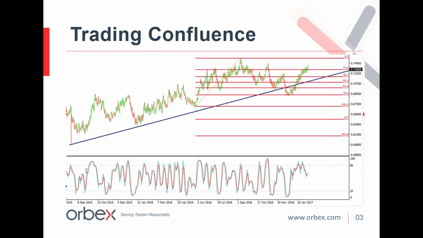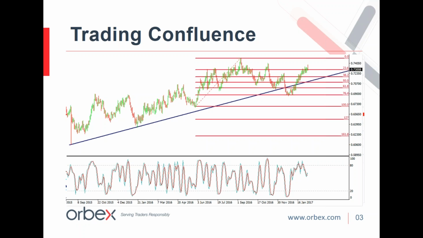So hopefully by now you're starting to get the idea about how we can tie different technical elements together to establish confluence to help us identify potential trade locations. Now, the process for identifying confluence is simple, and you need to only start by identifying initial technical elements, okay?